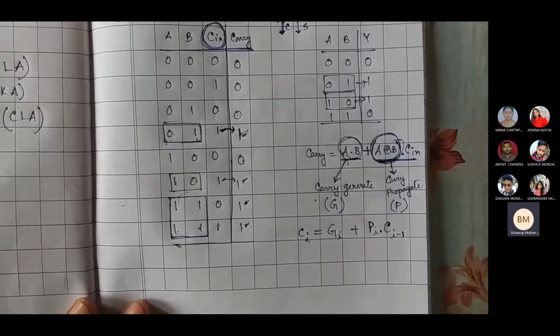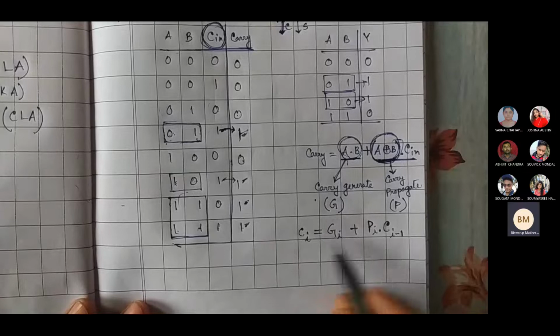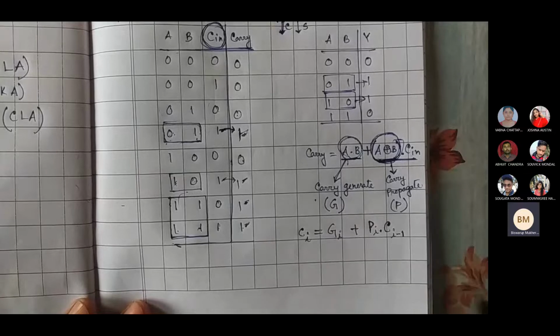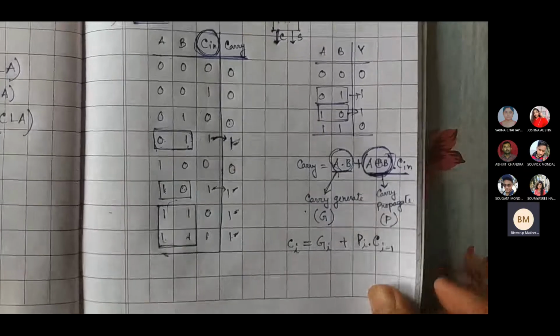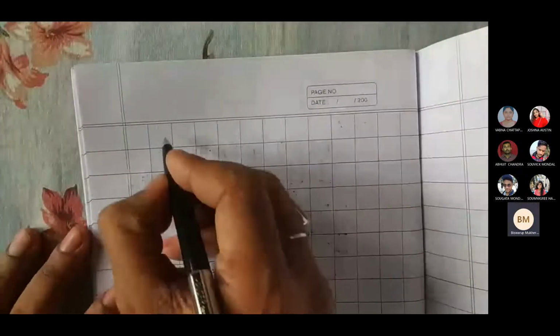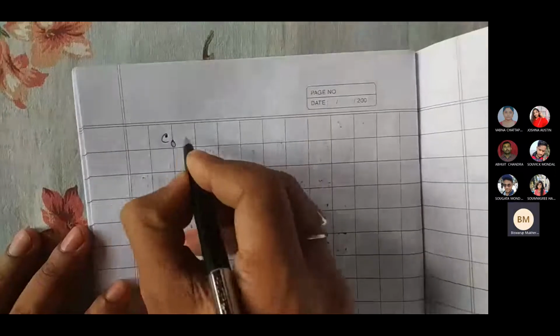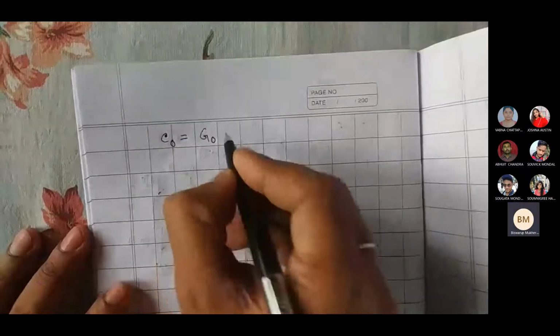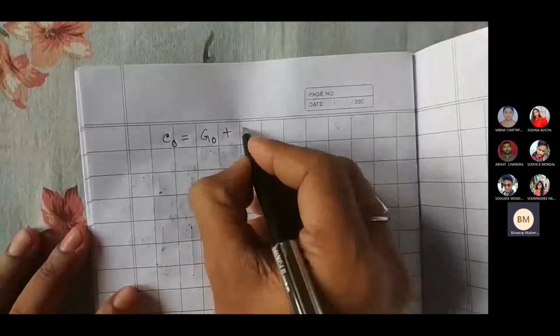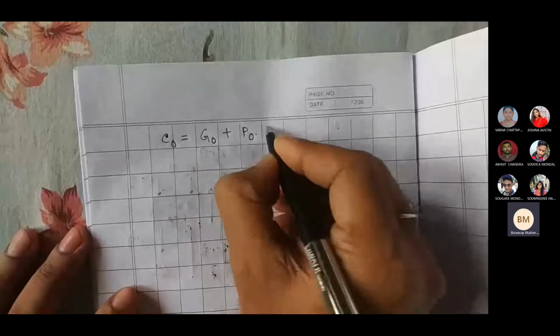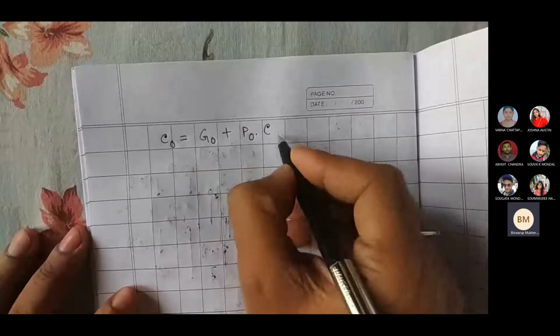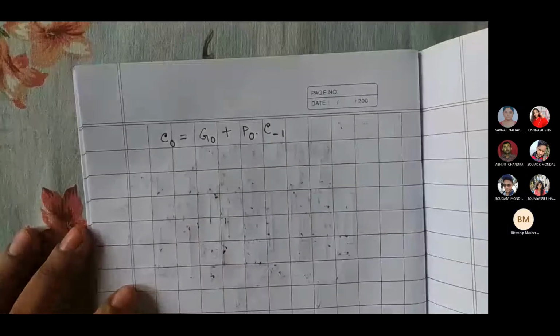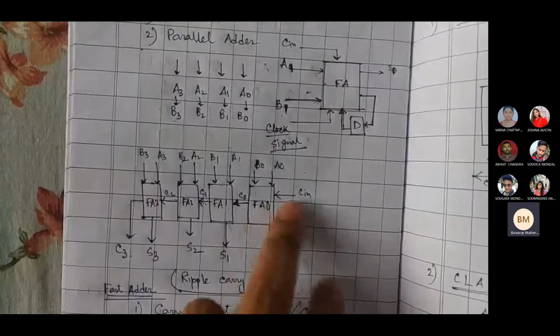Now it can be written like this. Instead of i, you can put 0, 1, 2, 3, and so on. Initially, for i value 0, you can write C0 equal to G0 plus P0 dot C minus 1, which is nothing but the initial carry input.